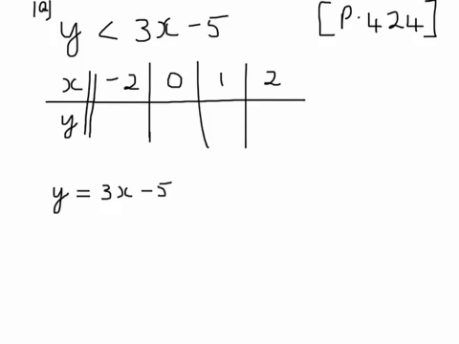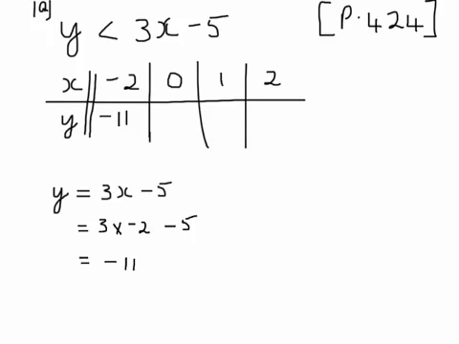So if we're looking at -2 here, when I see x down here, I'm going to put -2 for this one. So for the first point, when x is equal to -2, I've got 3 times -2, take away 5. Get out your calculator, and you'll see 3 times -2 is -6, take away 5 will be -11, and your calculator would have given that to you. And I'll put the -11 up in there.